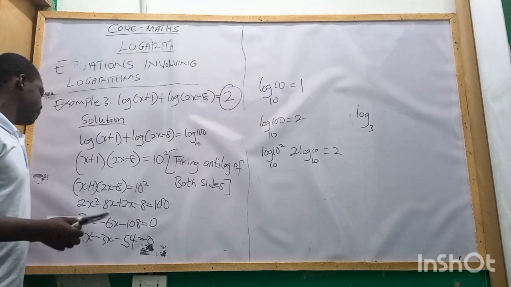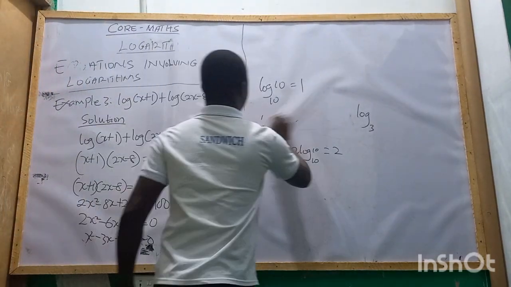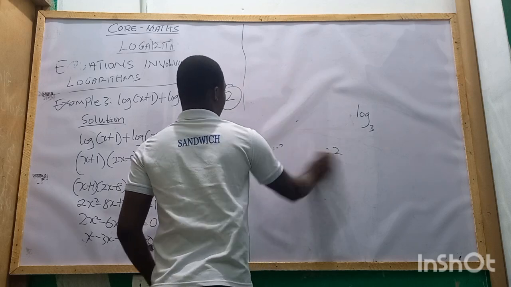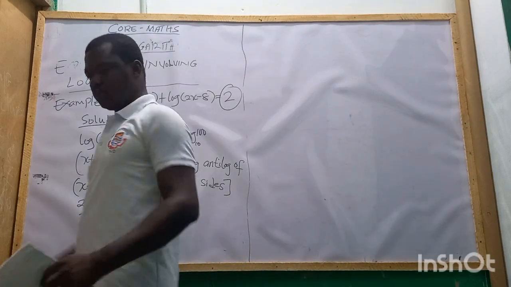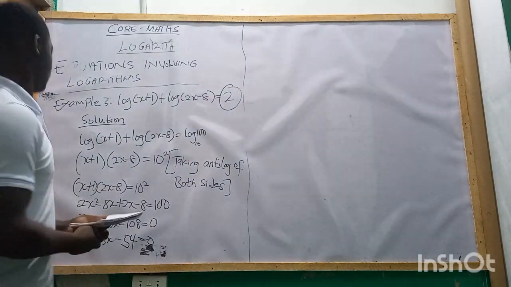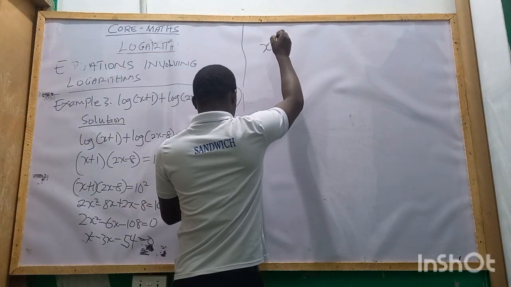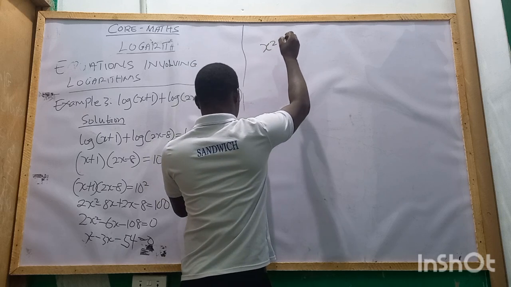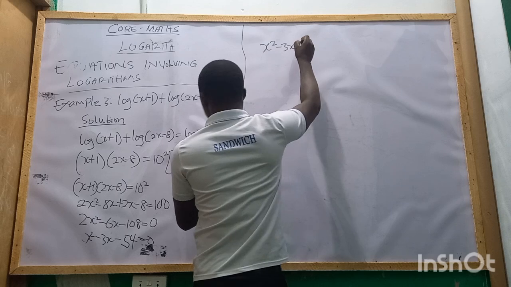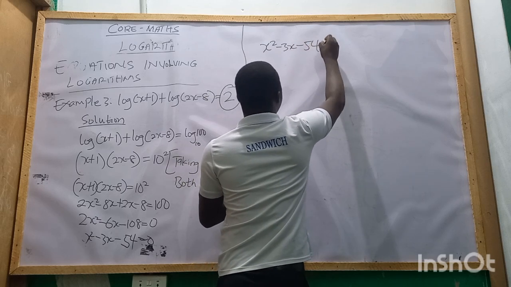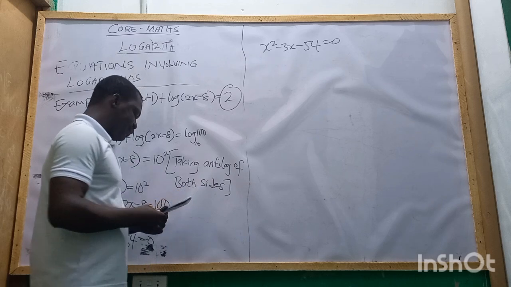I have to simplify. So as you know, when you get a quadratic equation and you want to simplify, so x squared minus 3x minus 54 equals 0.